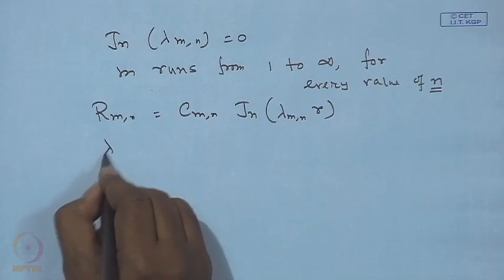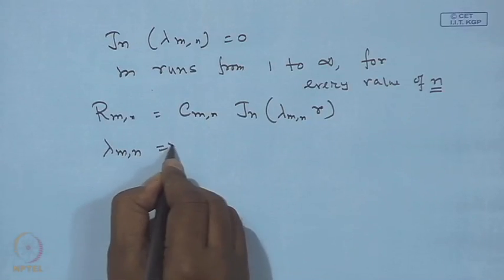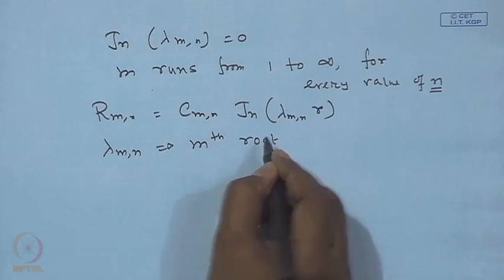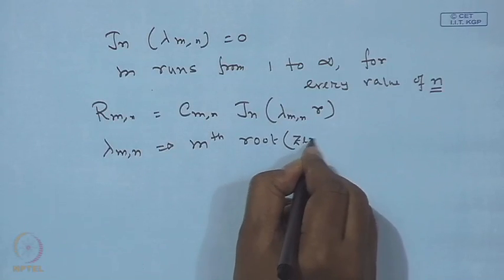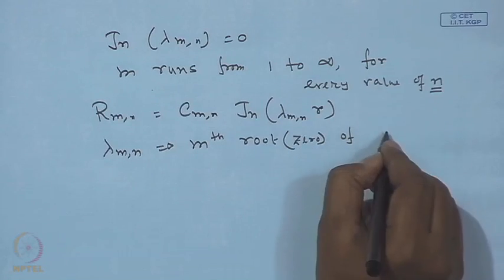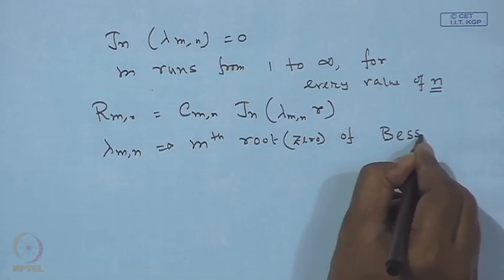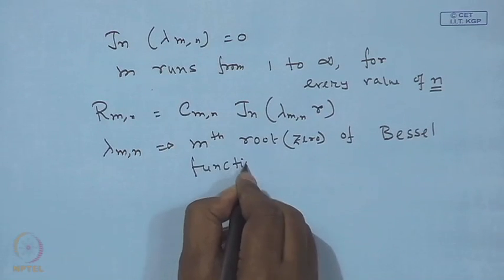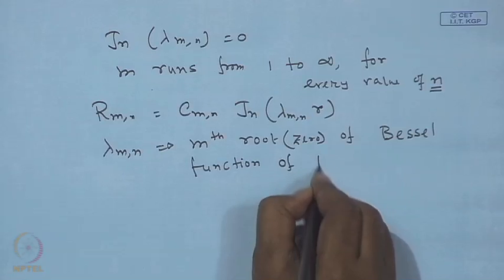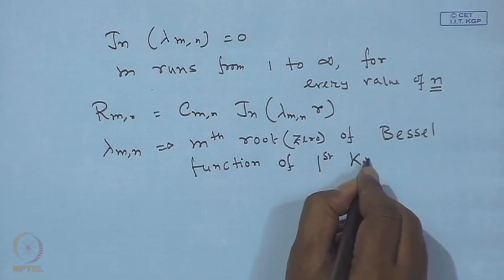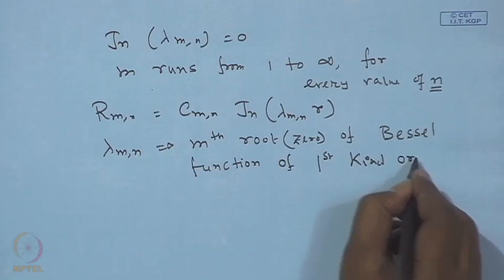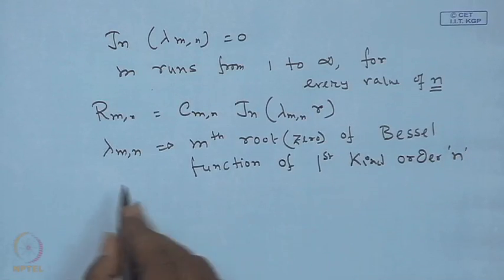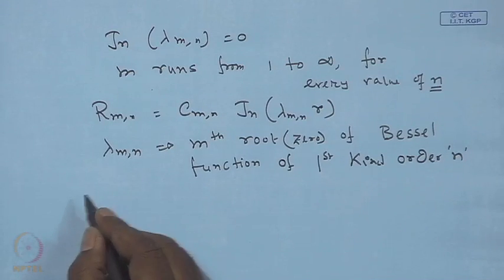So, what is lambda m n then? Lambda m n is nothing but the mth root or zero of the Bessel function of first kind of order n. So, that solves the problem.